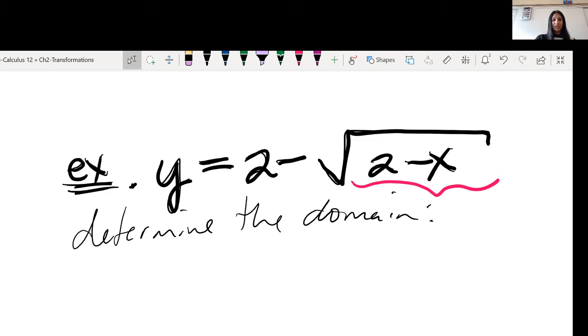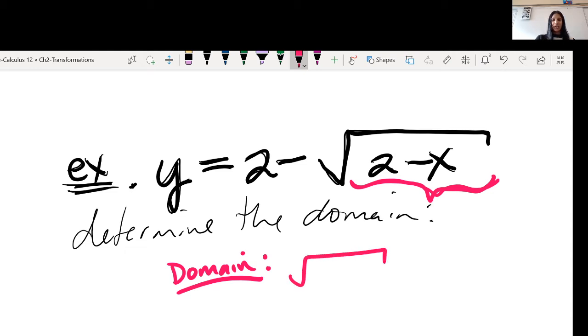So if I want to talk about my domain, I can take what's under the root sign and set that whole thing: the root of 2 minus x has to be greater than or equal to 0.